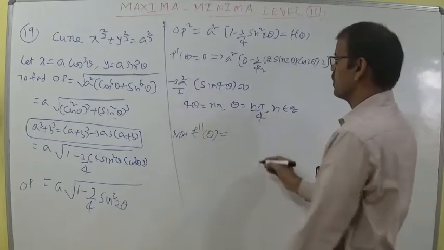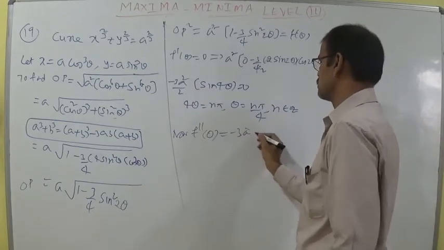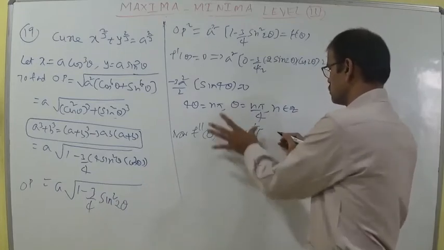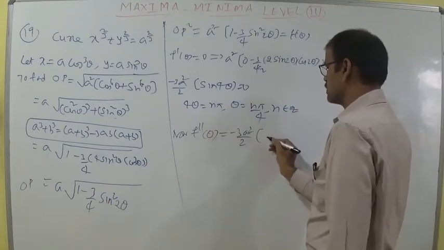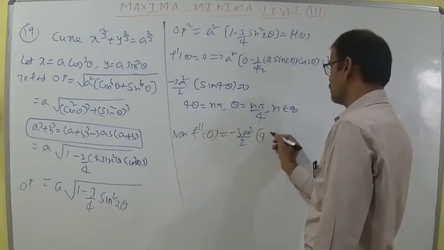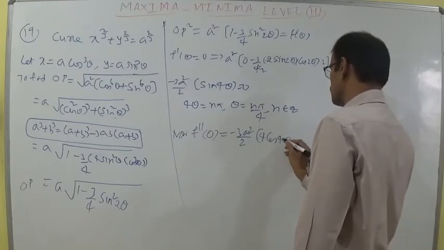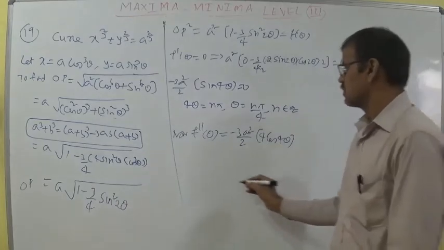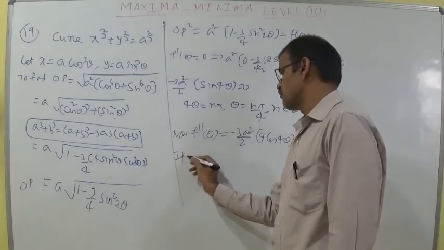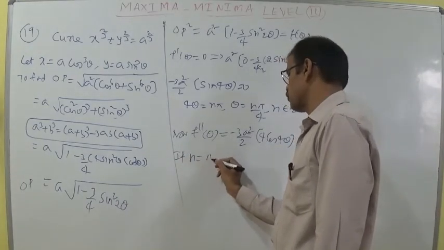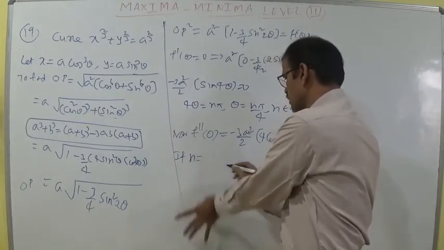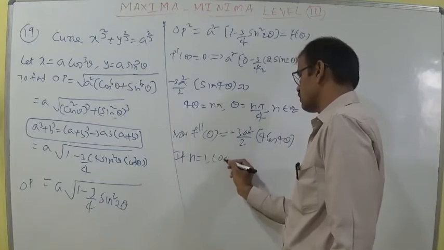For this I write minus 3a square by 2, leaving a square as a constant, into 4 cos 4 theta, the derivative. If theta is pi by 4, that means n is equal to 1, which is odd.